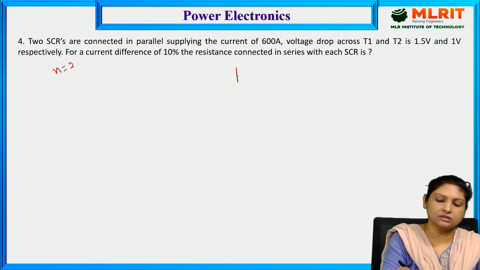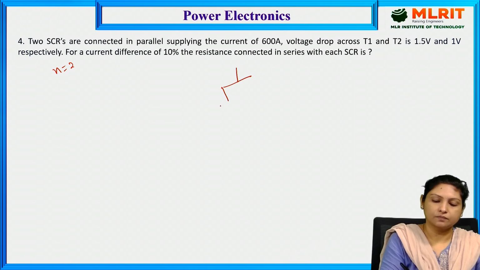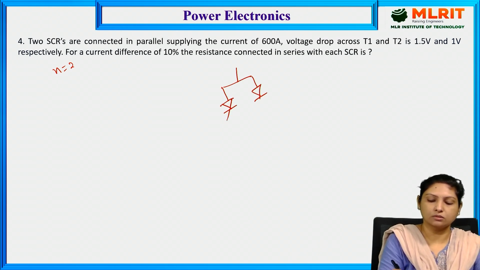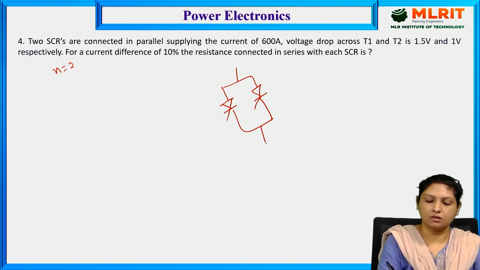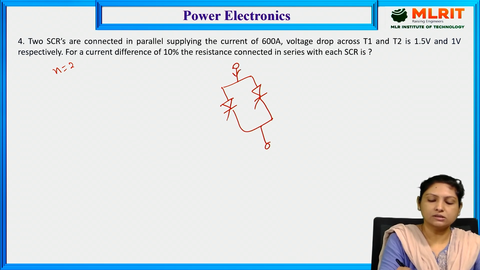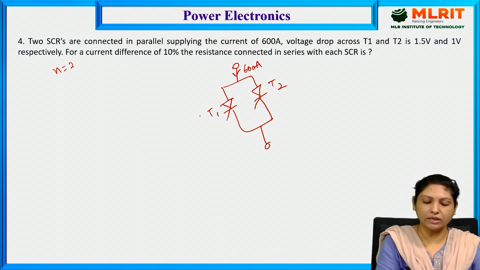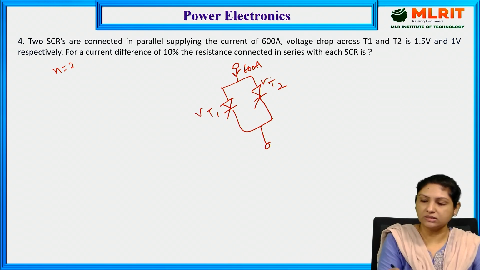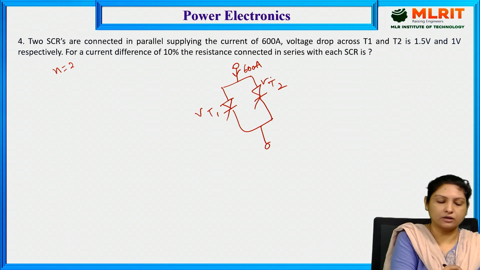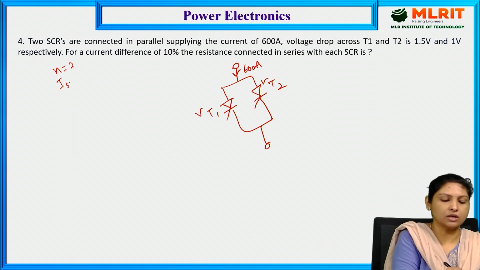Let us consider the circuit. This is thyristor 1 and this is thyristor 2. And to this, we have applied a current of 600 amperes. VT1 is given by 1.5 volts and VT2 is given by 1 volt. Let me write down here. Total current of the string IS is equal to 600 amperes.